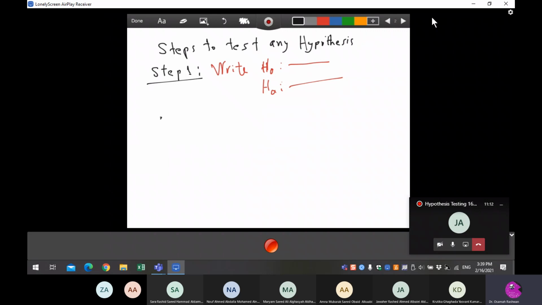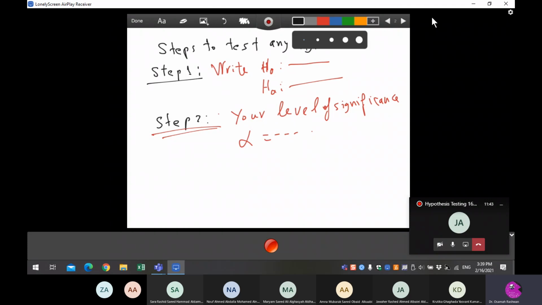Step 2: you write your level of significance. What is the level of significance? It is alpha. Yes, we know it is alpha. So you have to determine your alpha.